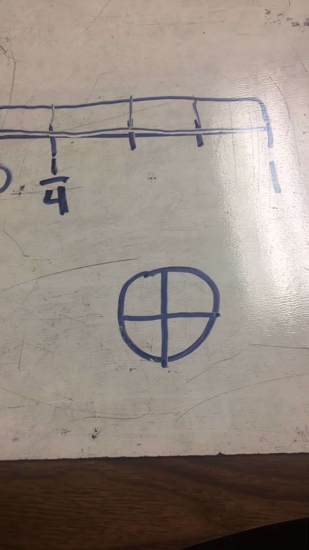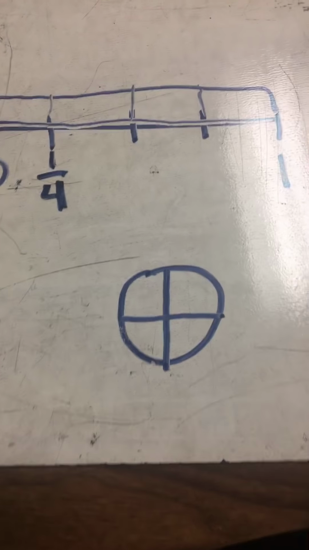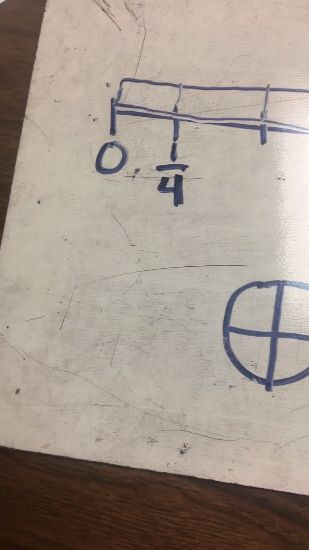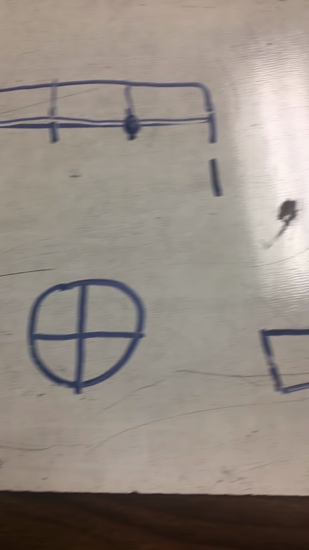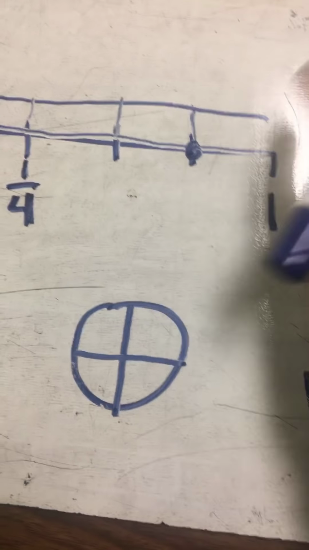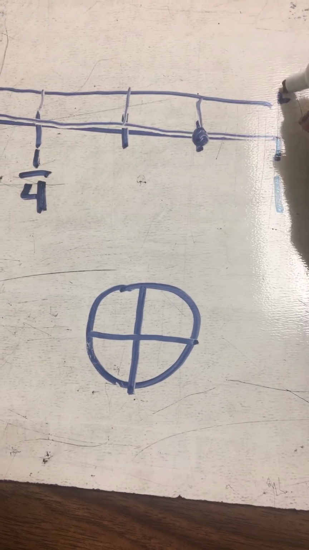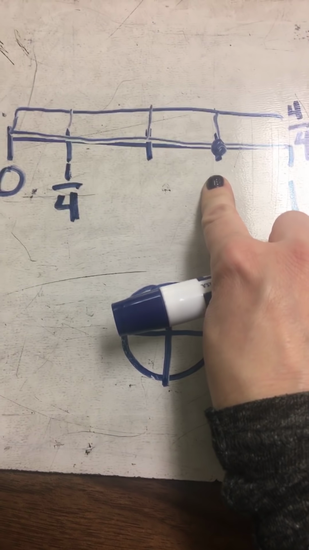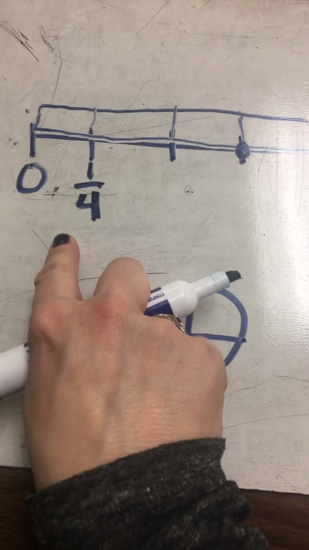So I'm gonna throw a little curveball at you. So that means, what if I was here? Well, if this is 1/4, if I come over to my 1 whole thing, that means I've gone all of the 4 of the fourths. What would have to be here? This is 1/4, and you're just counting.